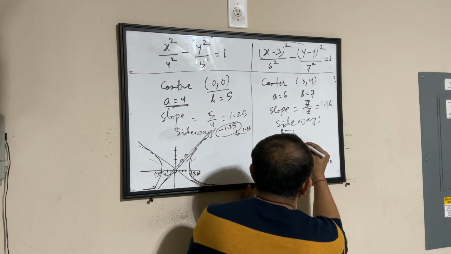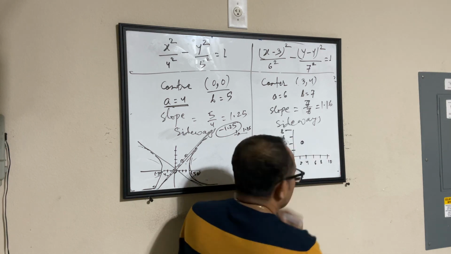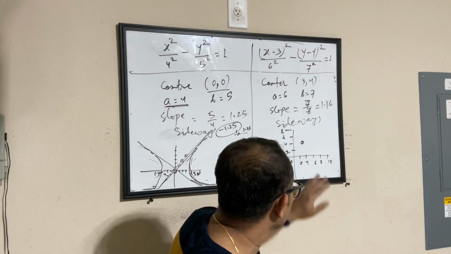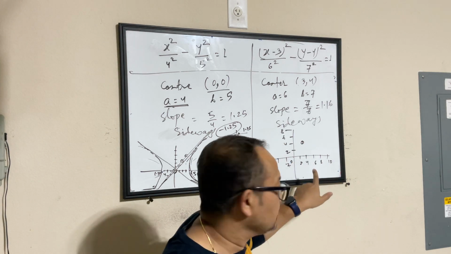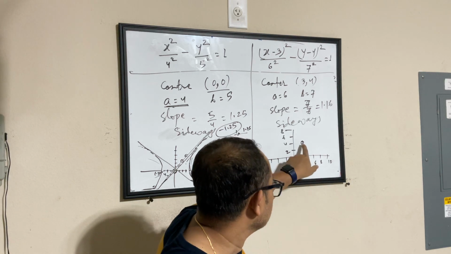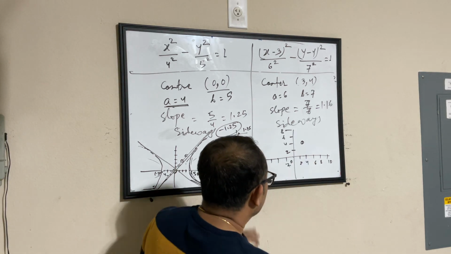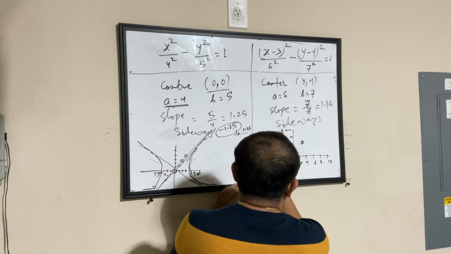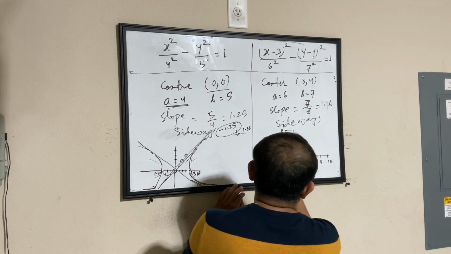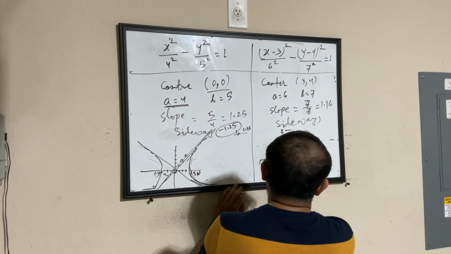We are talking about my center being here for the hyperbola. It's not at the origin of this coordinate plane. And we know that this is aligning sideways, so it's aligning along this axis.